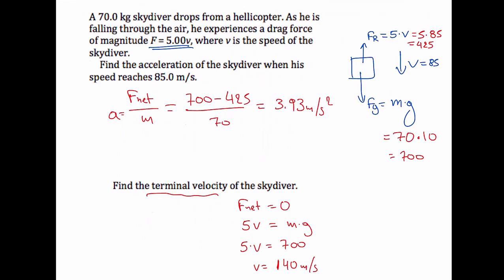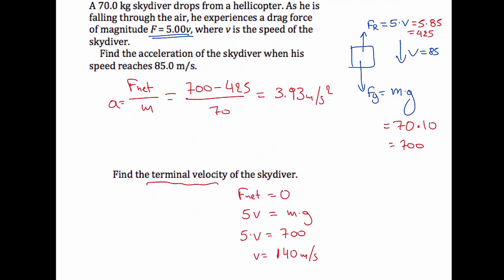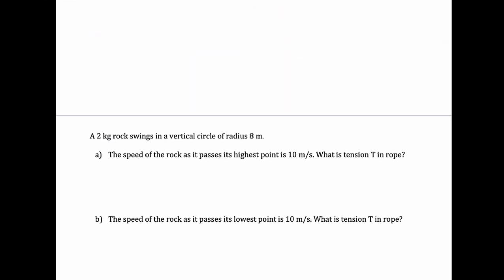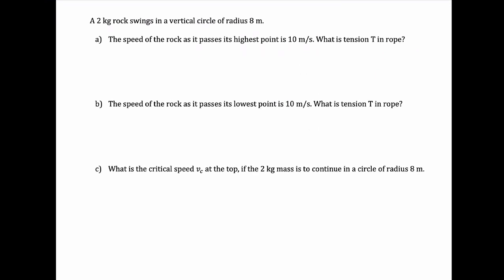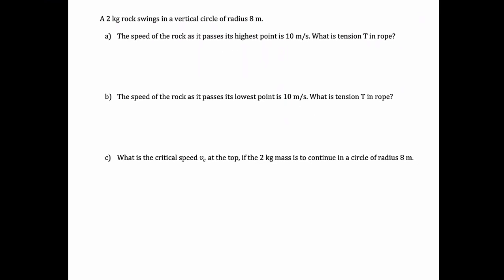Okay. We can continue to our next question, which is about circular motion. We have a vertical circle, and we need to find a few things: the tension at the highest point, later the tension at the lowest point, and then the critical speed at the top.